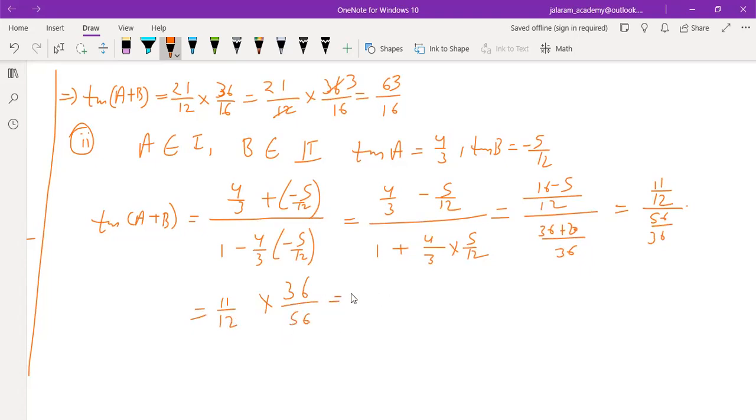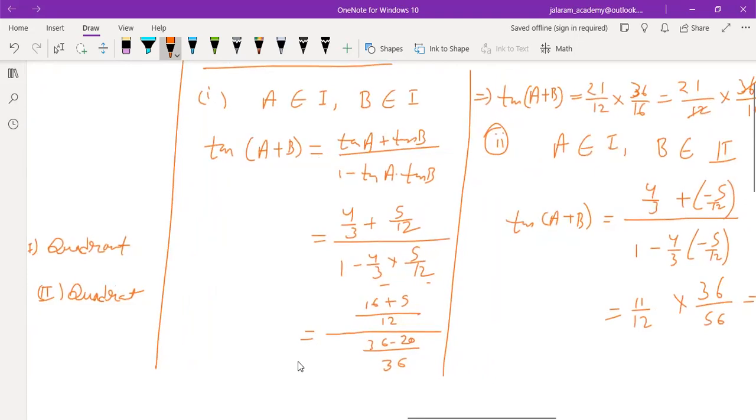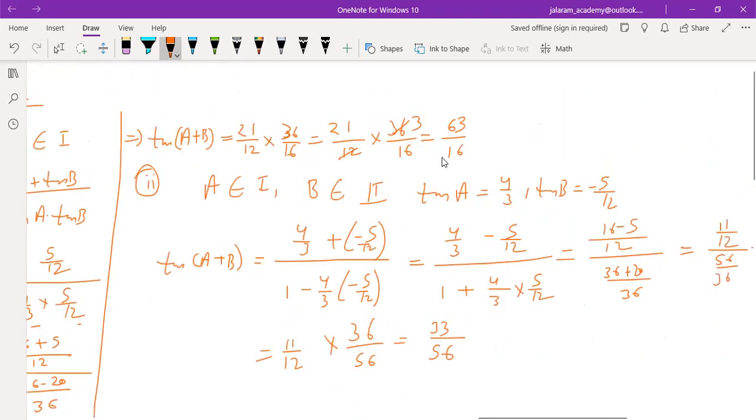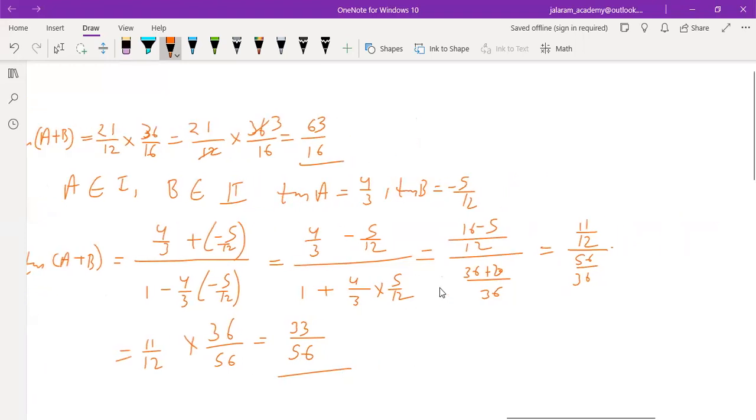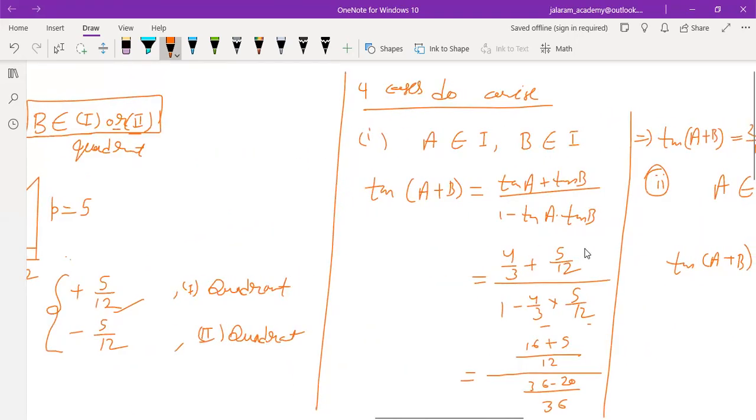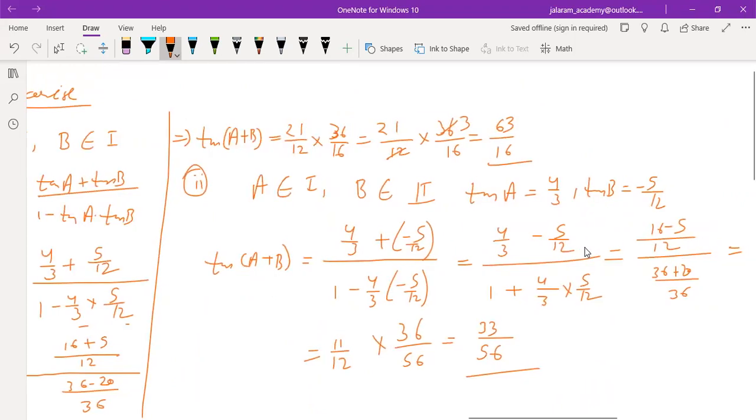So 12 threes are 36 over 56. 11 threes are 33 by 56. So this is the second case, second value of tan(A+B). First value is 63 by 16. Second value is 33 by 56. Check the calculations. Correct.